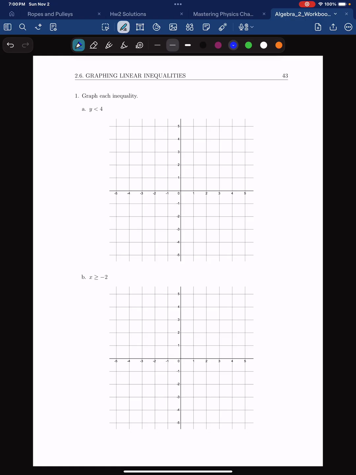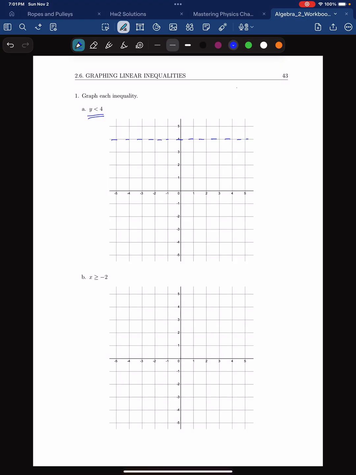So, graphing linear inequalities. What we need to know is that if we have y is less than 4, for example, this basically is telling us to go to 4, and because we're talking about less than 4, we are excluding the point 4.